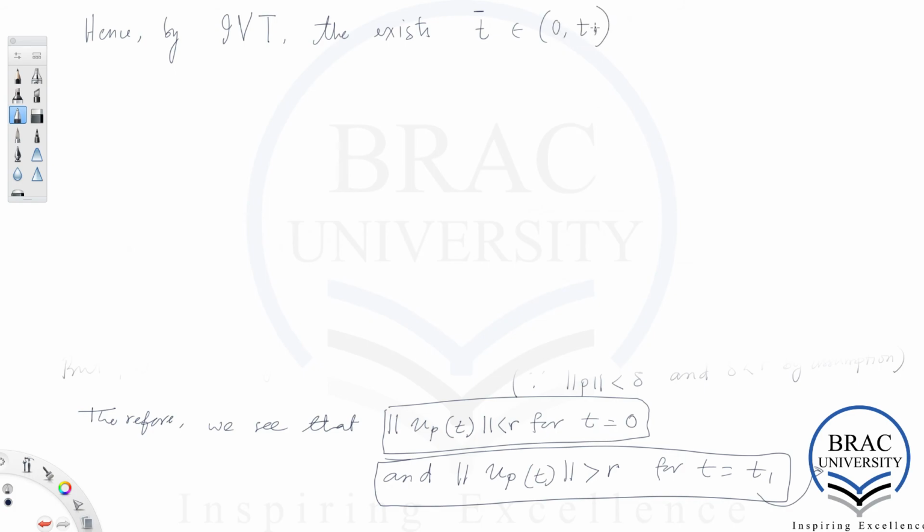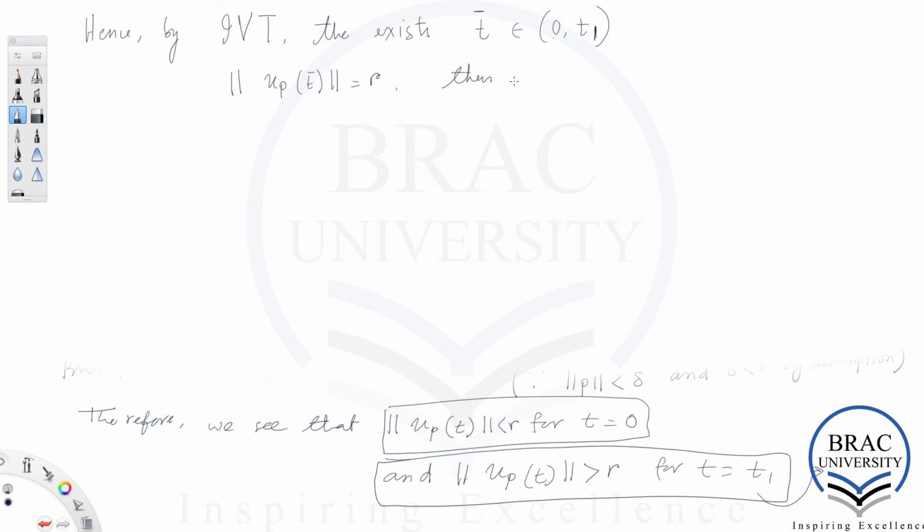At T1, the norm of the solution is greater than R, and at 0, the norm of the solution is less than R. So there will be a time in between where the norm of the solution would be equal to R. This follows from the continuity of the norm and the continuity of the solution function UP.